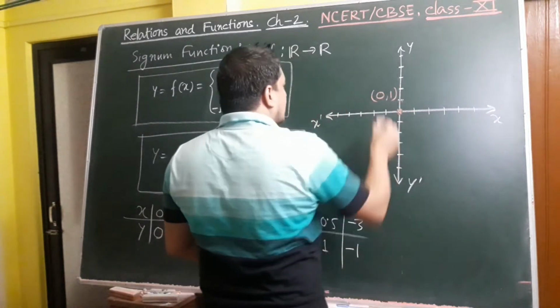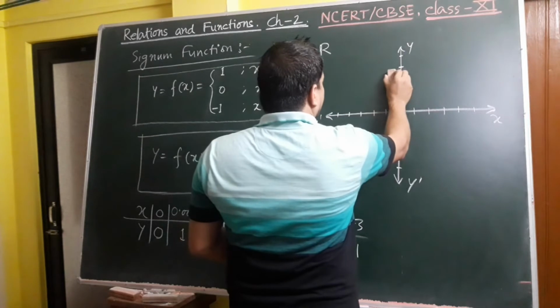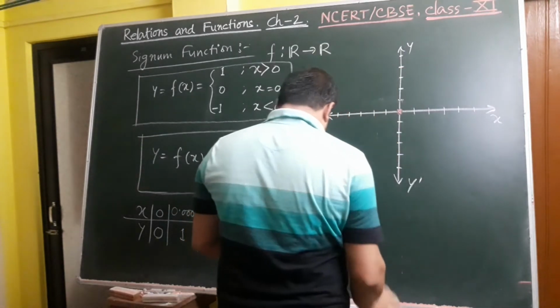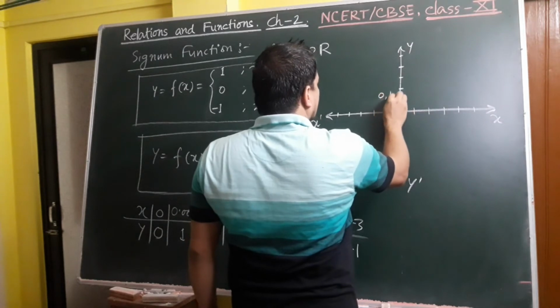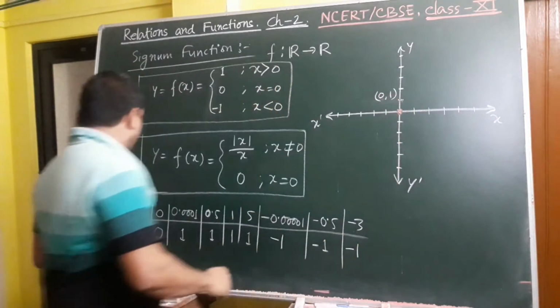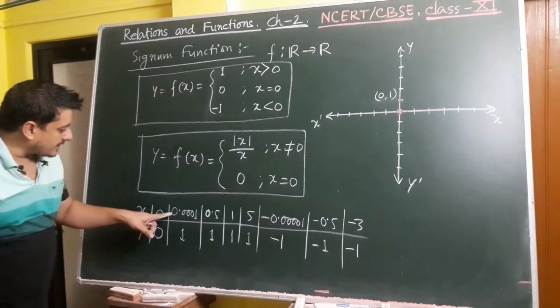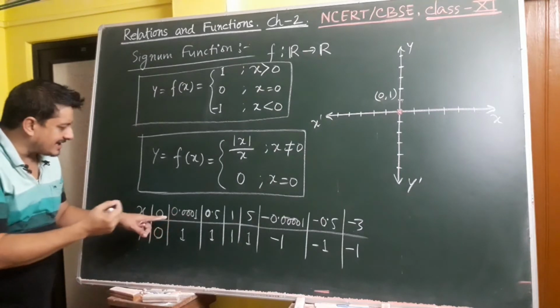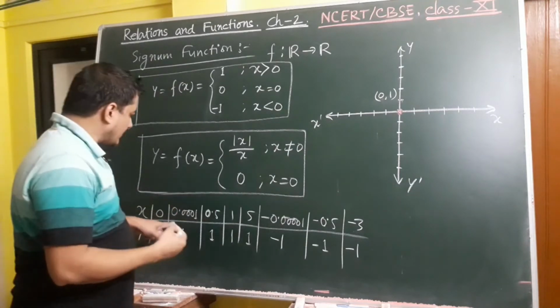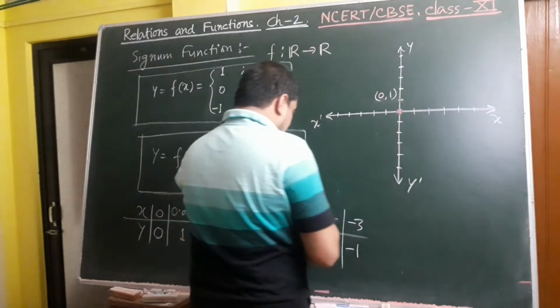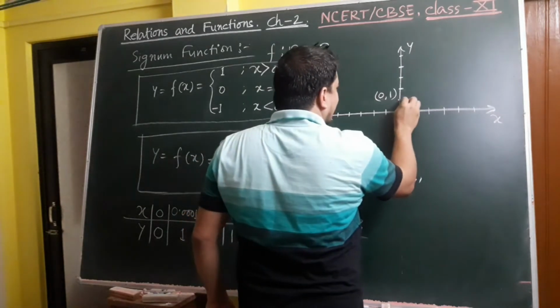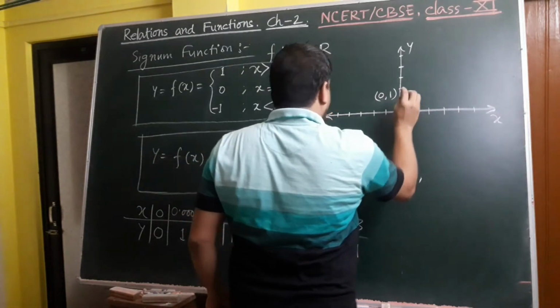But we are locating 0.001, which is slightly greater than 0. So here I'll get one point which is slightly right to this one.